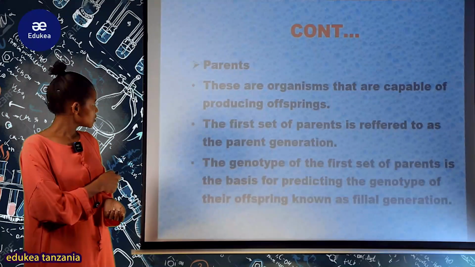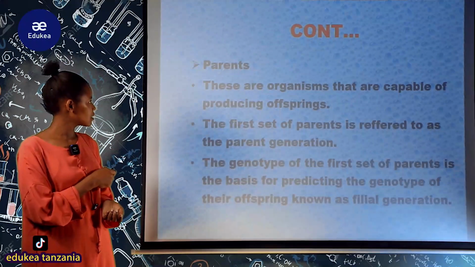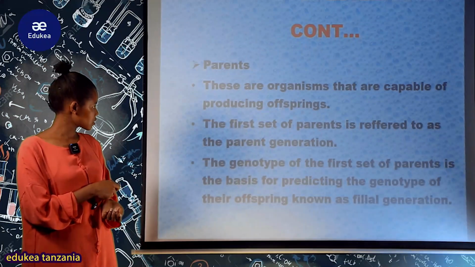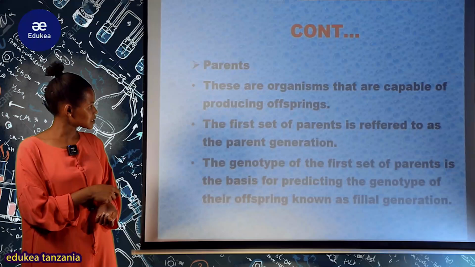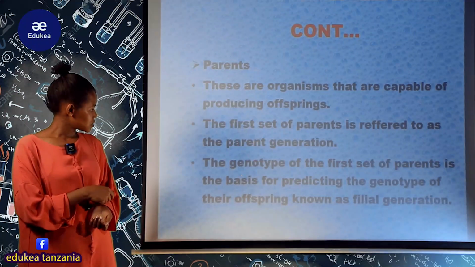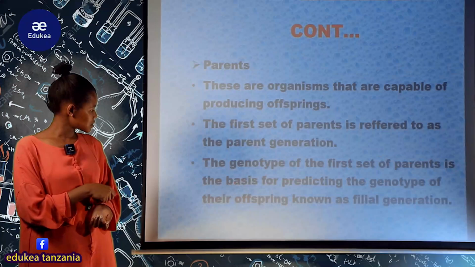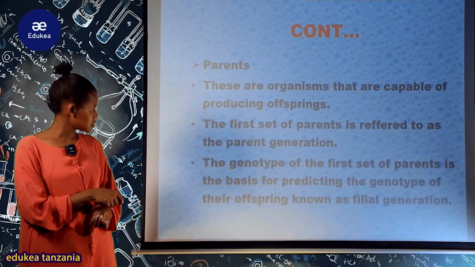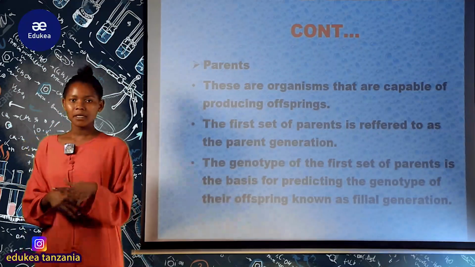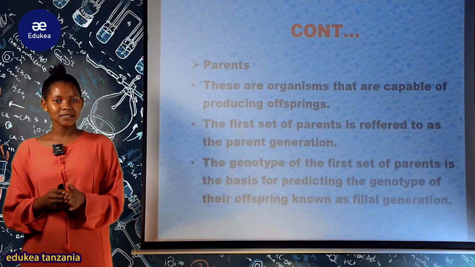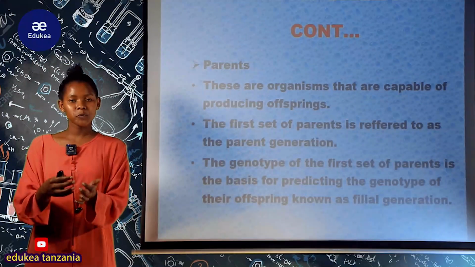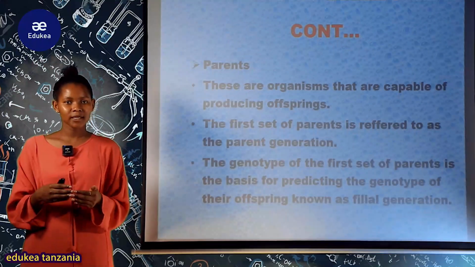Another terminology, we can see parency. These are organisms that are capable of producing offspring. Also, the first set of parents is referred to as the parent generation. The genotype of the first set of parents is the basis for predicting the genotype of their offspring, known as filial generation. My dear student, tunapozungumzia parents, tunasema ni founders wa offspring fulani, wa kizazi fulani.